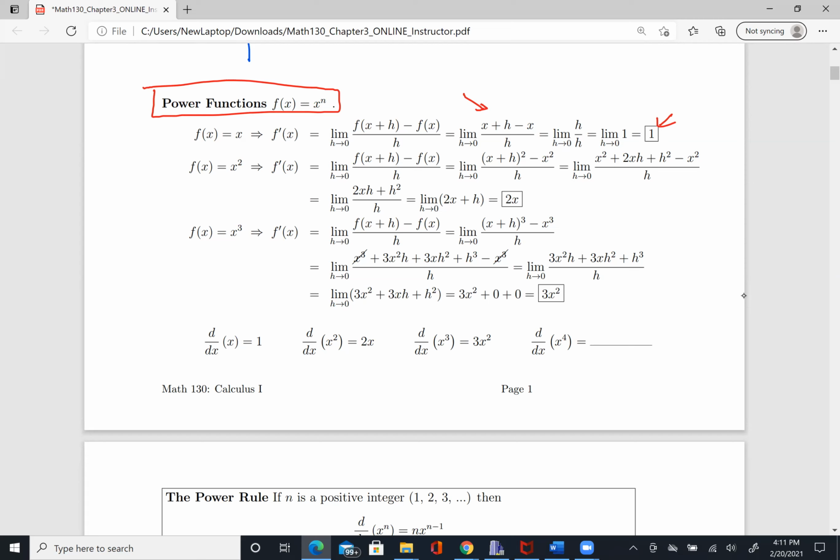Keep going the same way with f of x equal to x squared and see if there is some pattern. I know that it's going to be equal to 2x, right?